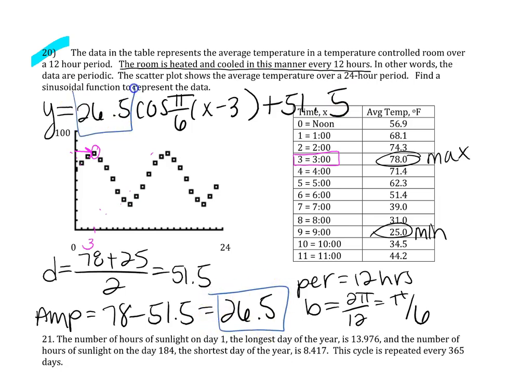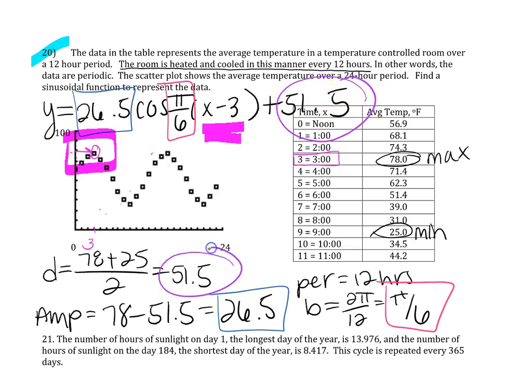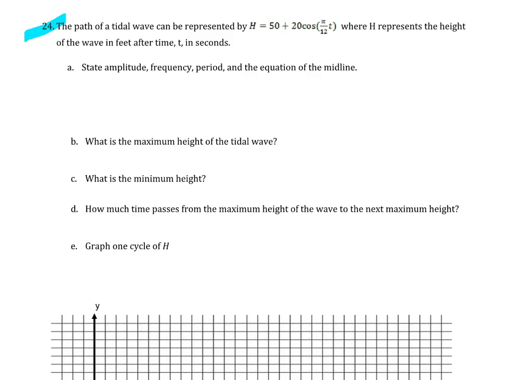Here's my amplitude, here's my frequency, here's my phase shift, here's my midline. And I just put it all together. Now it's a positive 26.5 in front of the cosine because it's starting above the midline.